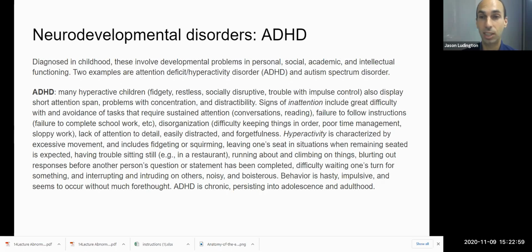It's disturbing that these things are on such a rapid rise, which has triggered researchers to look at changes in diet and pollution, and we're wondering why these disorders are on the rise so rapidly.